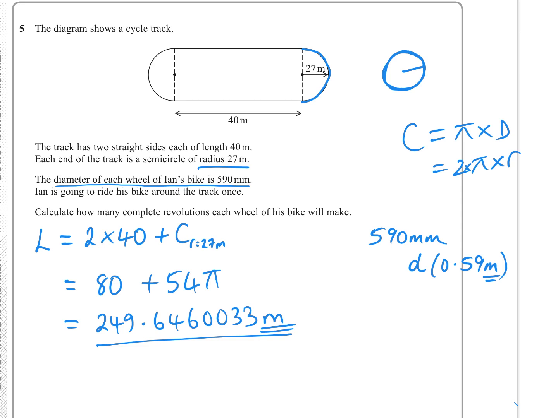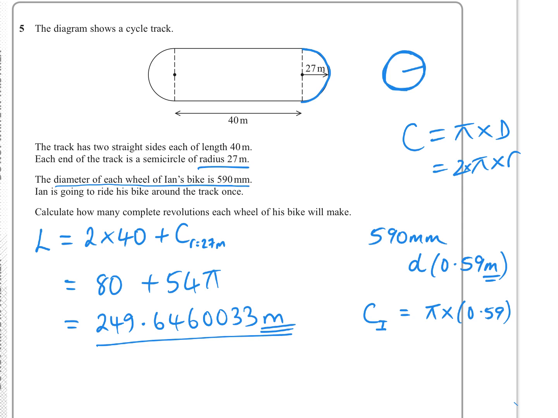So we know then that the circumference of Ian's bike wheel would be pi times the diameter, pi times 0.59. So we'll do that. Pi times 0.59.